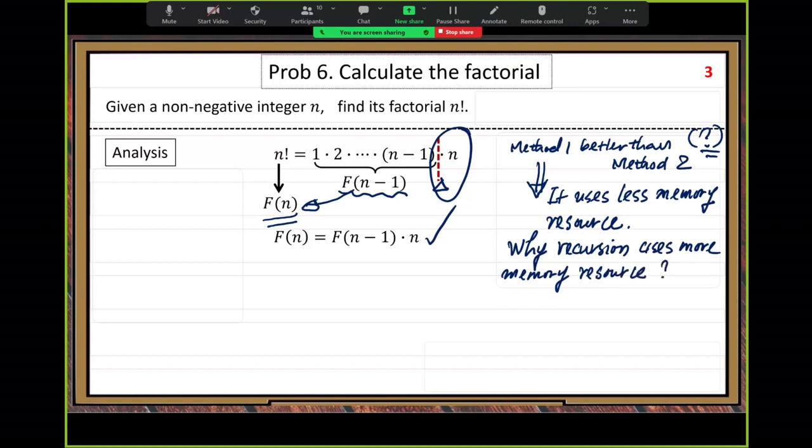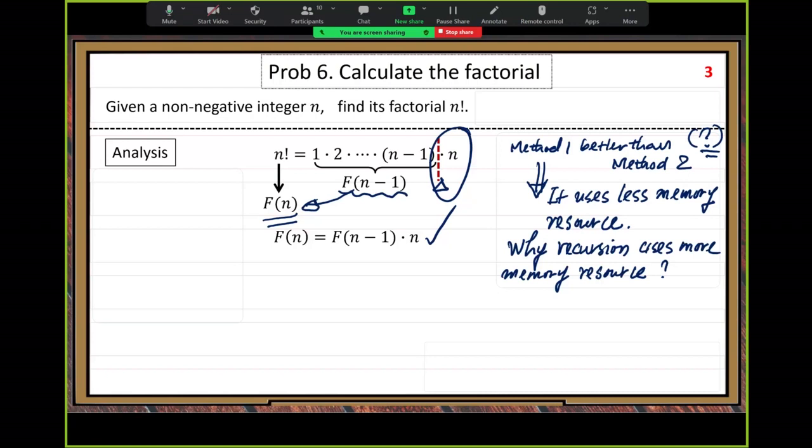It relates to the recursion implementation. Do you know how recursion is implemented in computer main memory?